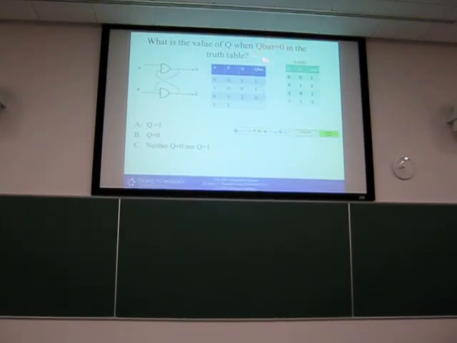So when Q bar is 0, meaning that this is 0, I have a 0 here and a 1 here.